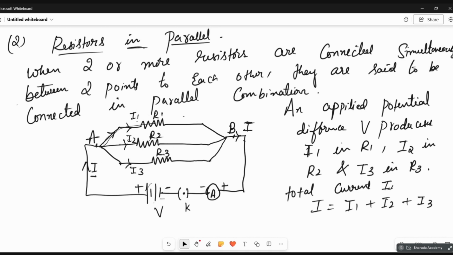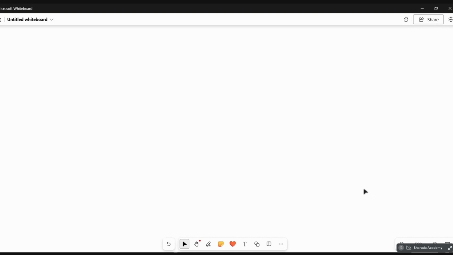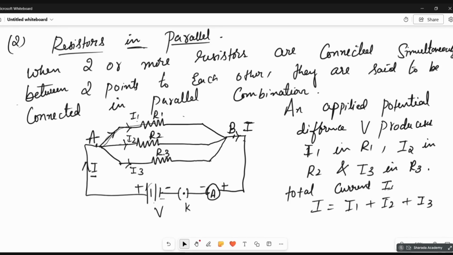Because there are three paths, it is like water also: if it has three paths, some water will flow in one path, some in the second, some in the third. The voltage V we are applying here will produce some current I, and that is divided between the three parts. So it is divided as I1, I2, I3.